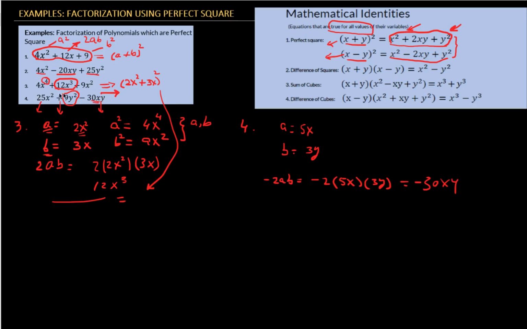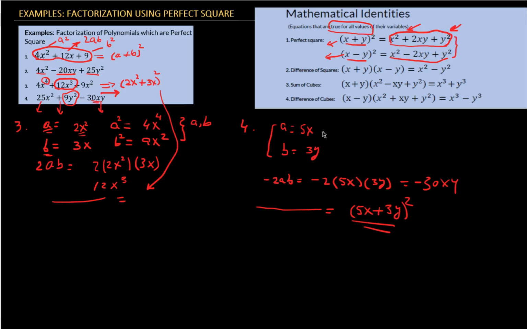So it means this whole polynomial is a perfect square of a plus b. So we can write that the polynomial is equal to perfect square of 5x plus 3y. So this is your factored form. So you have factorized the polynomial.